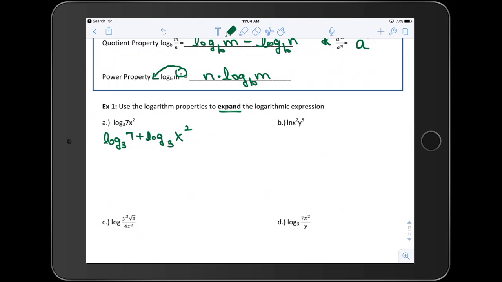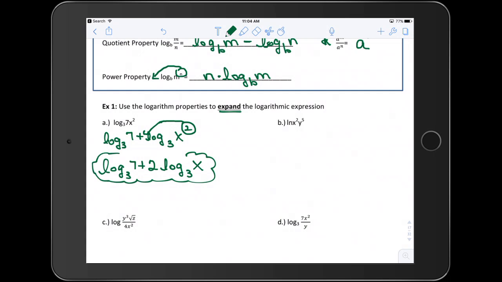And then the only other thing I have to do is that I have this square right here, and I know using this last power property that we talked about, we can bring that right up front. So the end result is going to be log base 3 of 7 plus 2 log base 3 of x. And that is this expression in expanded form.